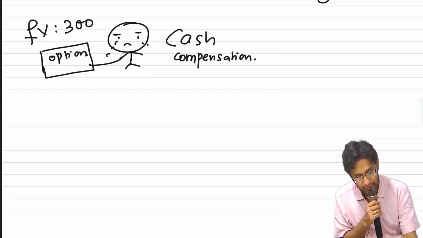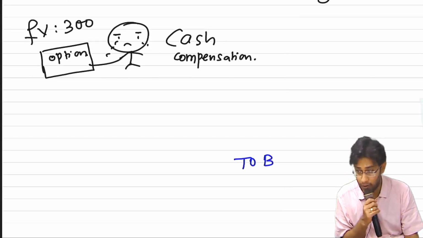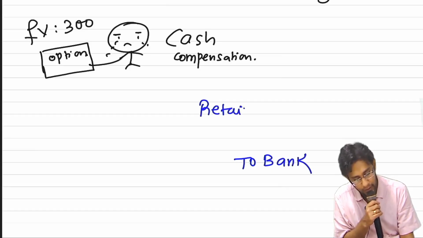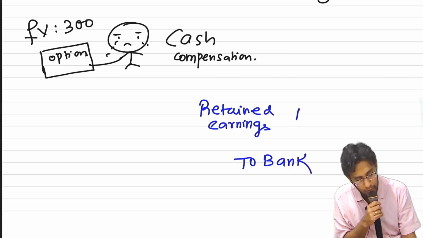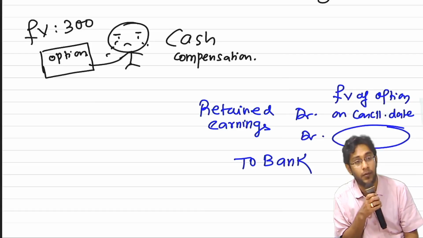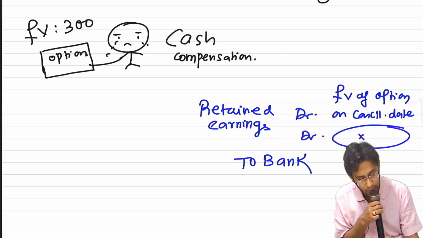What our standard says is, when you pay cash, you should write the entry like this. To bank, debit retained earnings to the extent of fair value of option on the cancellation date. In case you pay anything extra, that will be debited to P&L.